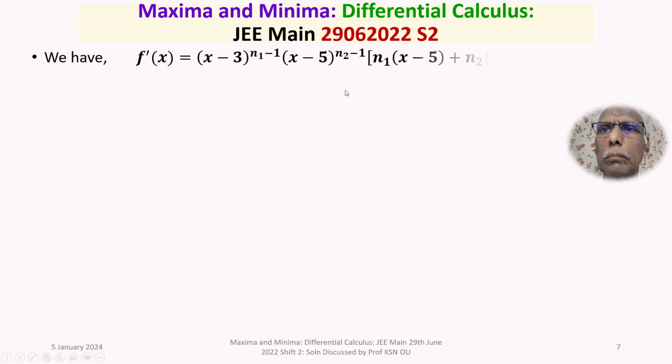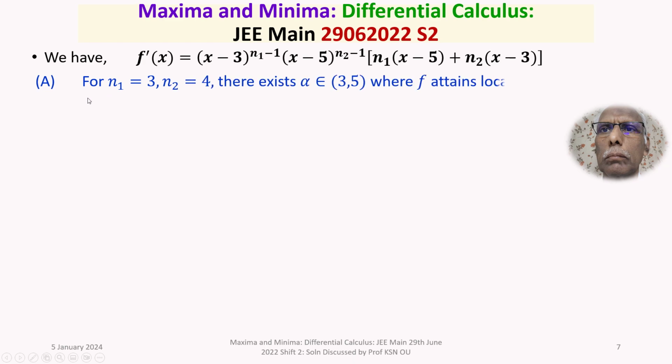That is the first derivative we have, and let's take our options one after the other and discuss the local maxima and local minima. In option A, it is given n1 is equal to 3, n2 is equal to 4, and we will talk about where f attains local maxima or local minima.